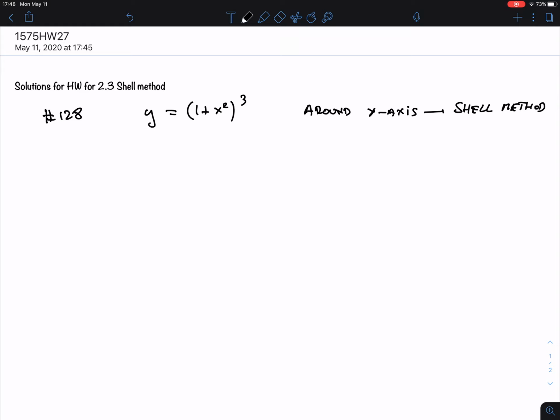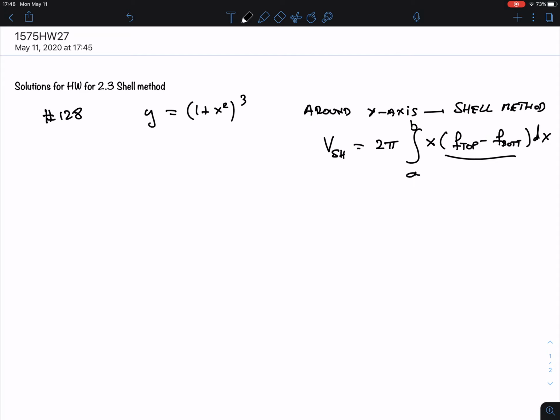The formula for that, let's write down, V shell is 2 pi, the interval over which you work, and then it's x times the top curve minus the bottom curve, dx. Okay, x represented the radius of the shell, and this f top minus f bottom is the height of the shell.